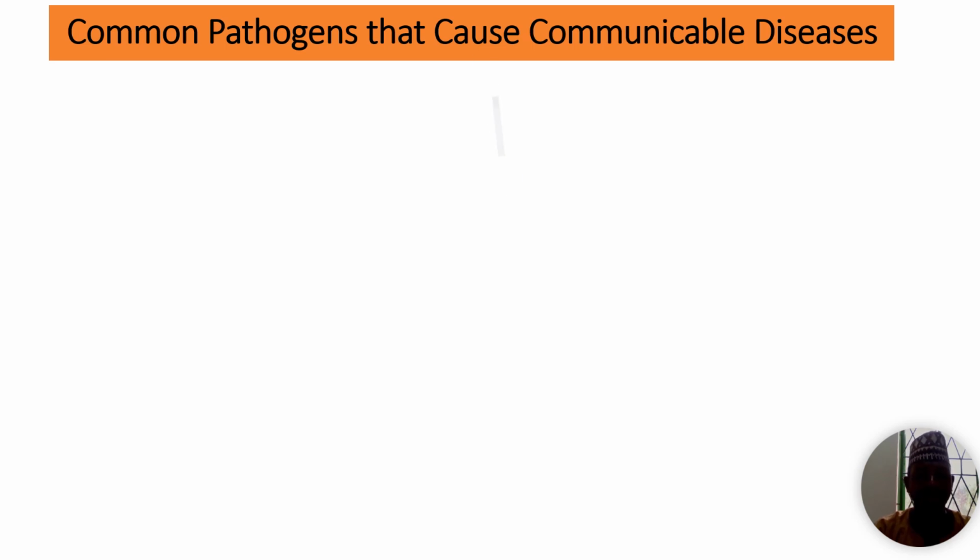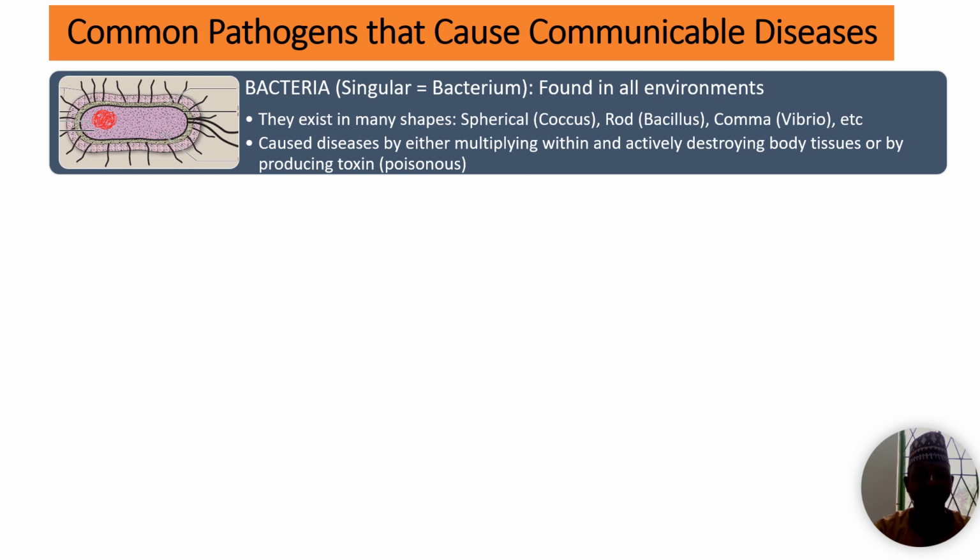Now we are going to look at the first category, which is bacteria. Bacteria, the singular form is bacterium, are generally found in almost all environments. They are disease-causing agents, although most of them are harmless, but we have pathogenic ones among them.